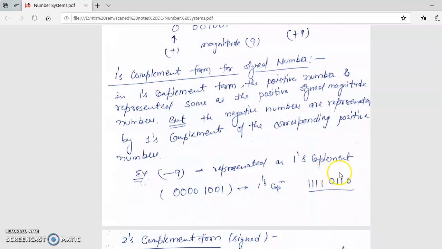So this is the ones complement form for the signed number, that is, the negative number.